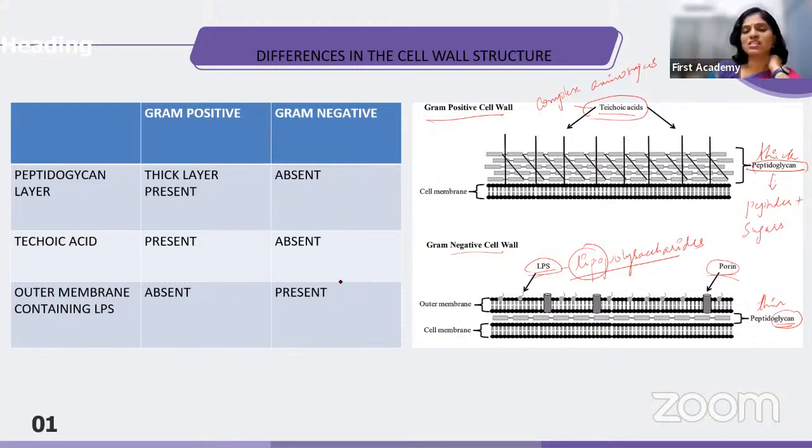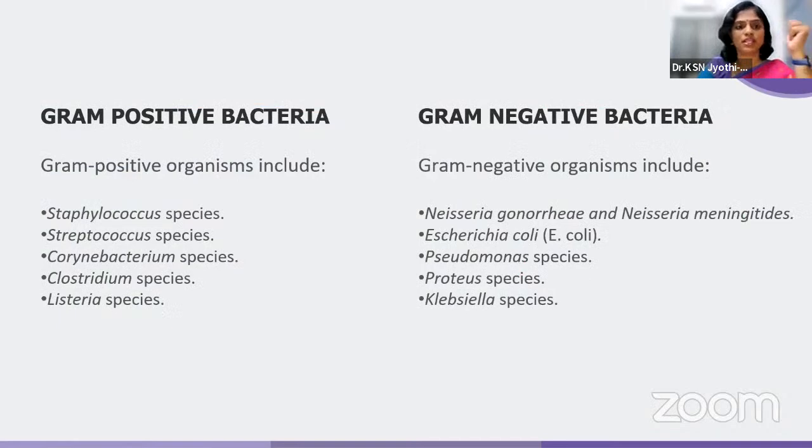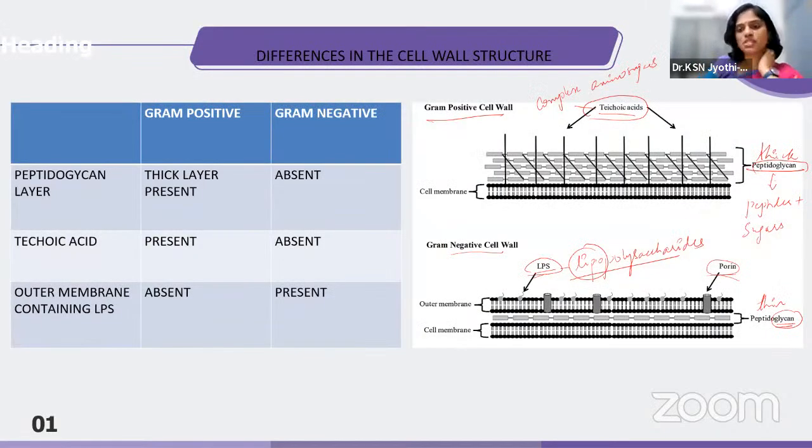Now, what is our understanding here? In a gram staining process, what happens while we are staining the bacteria using gram staining procedure, and why do they retain the color? Now, what happens here is in the gram-negative bacteria, they have a very thick lipopolysaccharide layer.